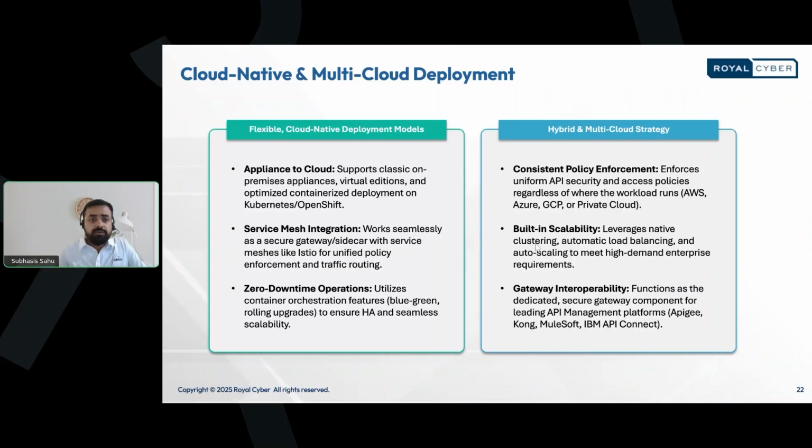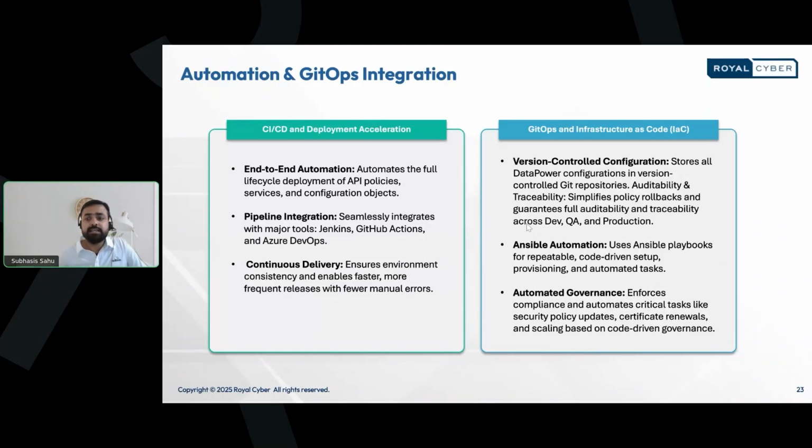So moving on, automation and GitOps integration. This is something which will catch the eye of the people who are already into DevOps. DataPower has the capability to meet the demands of modern integration, CI/CD.